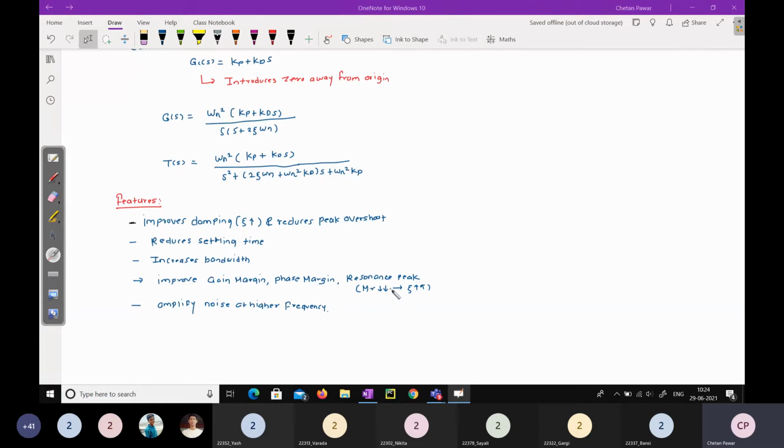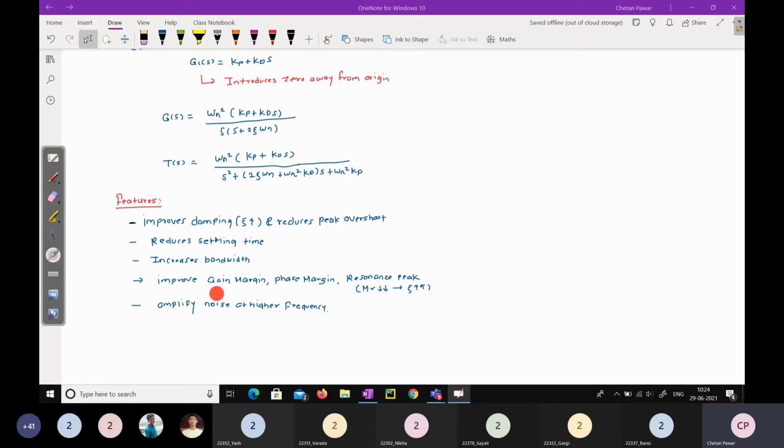And the resonance peak will decrease because zeta is increasing, right? It will also improve the gain margin and phase margin, but what will happen, it will amplify the noise at higher frequency. Generally this is a high pass system, so that's why it will have high gain at higher frequencies. So whatever noise is occurring at a higher frequency will get amplified.